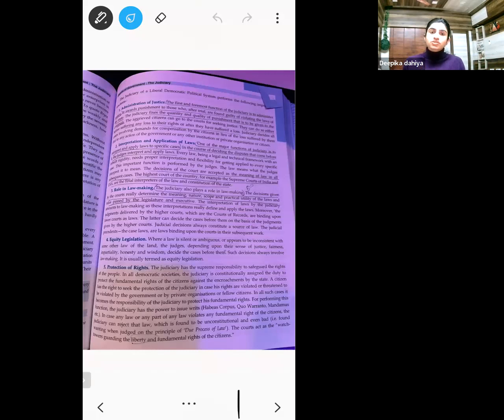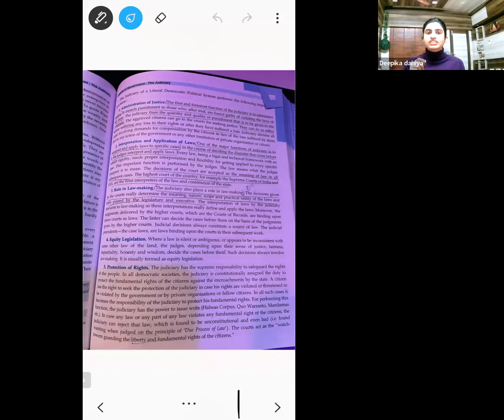Now whose decision would be the final decision? It will be the judiciary's decision. The judiciary would be the final authority. What the meaning of a particular article is would be decided by the judiciary.